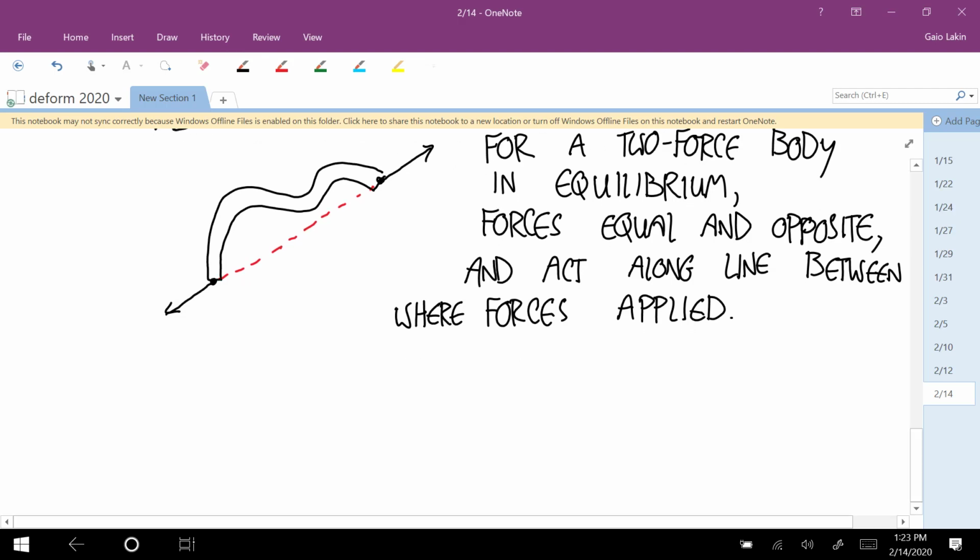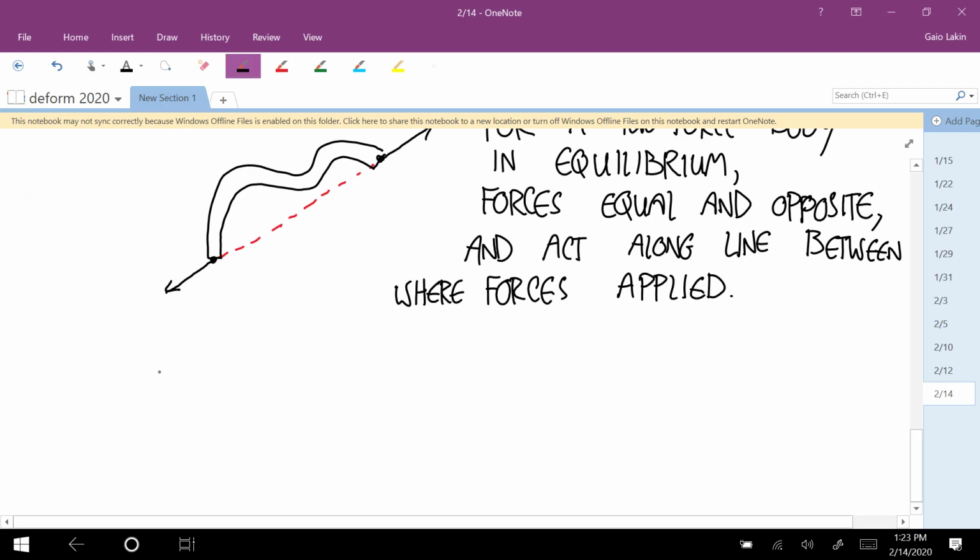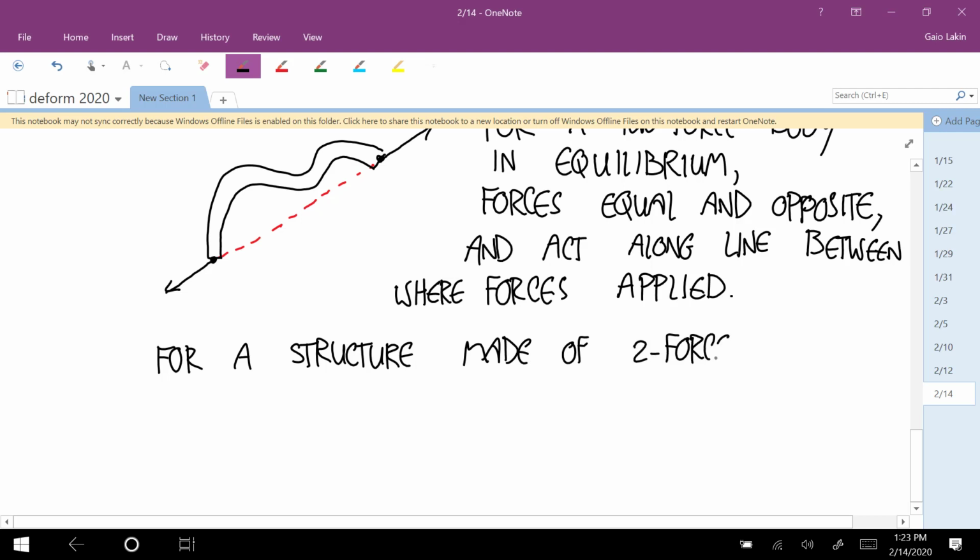Okay, so for a structure that's made up of two force members, that's a truss.